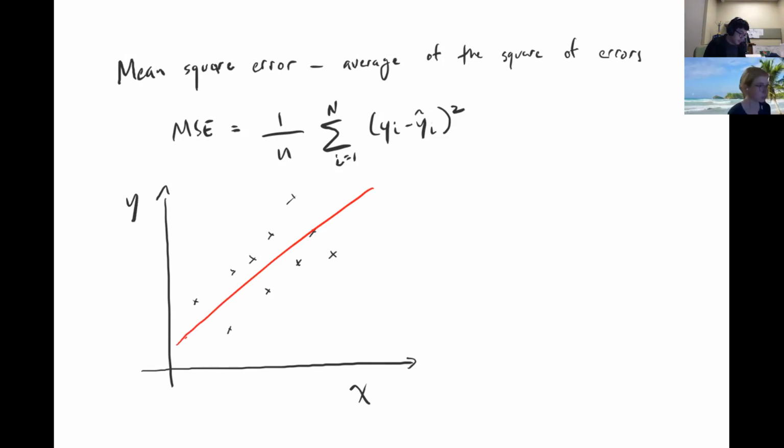All right, and so we can figure out what the mean squared error is, right? It is the average of the squared errors of all of these points compared to that line. And that tells us something important about how, quote unquote, good this particular line is.